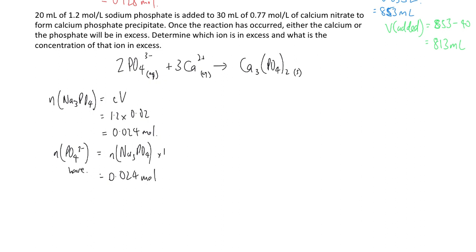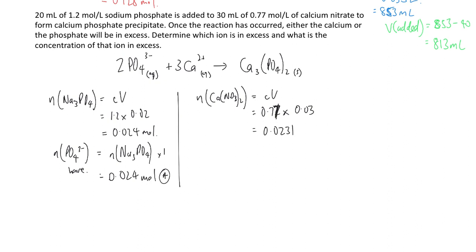Now the next one: the number of moles of calcium nitrate, which will be equal to CV, which is 0.77 times the volume, 0.03. Oh wait, I'm going to save that value I've got as A. Then 0.77 times 0.03 is equal to 0.0231 moles.